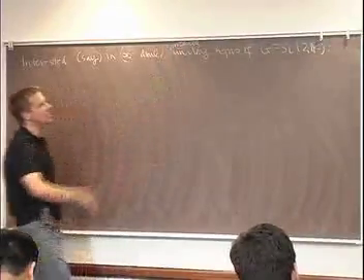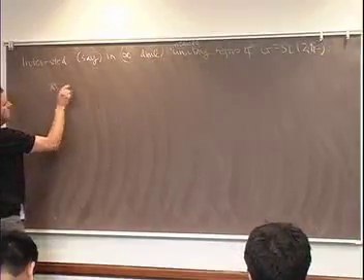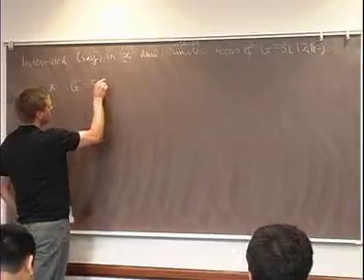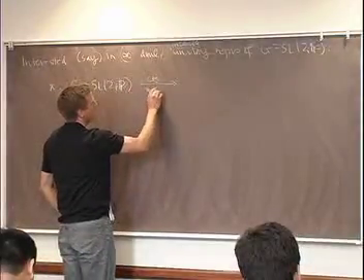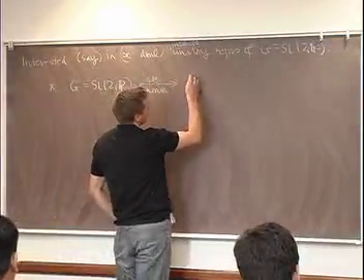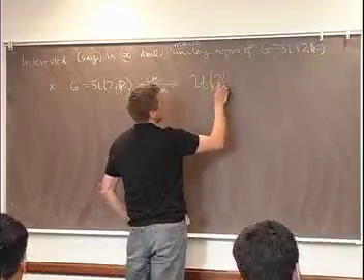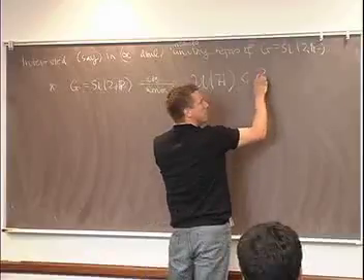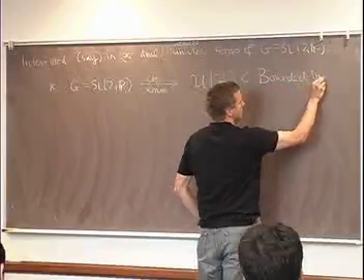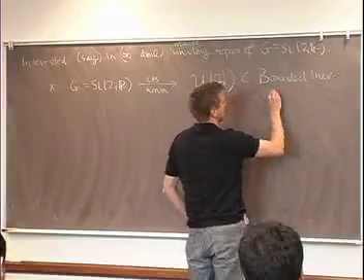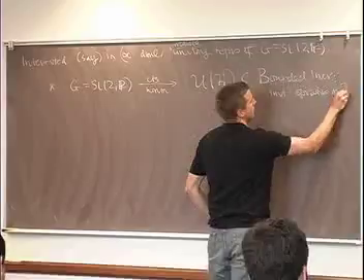So there's going to be these guys floating around. What are those? Those are continuous homomorphisms into bounded unitary operators on some Hilbert space, which sit inside bounded linear invertible operators on H.